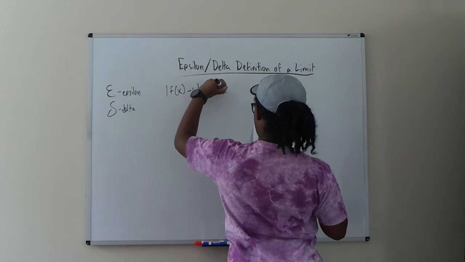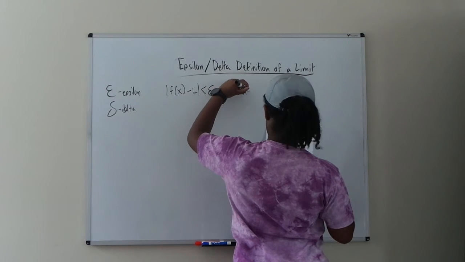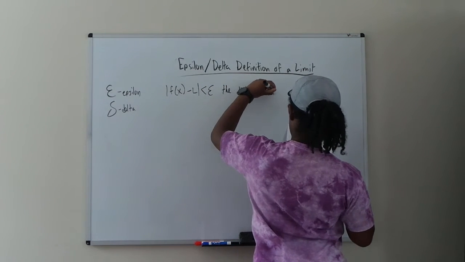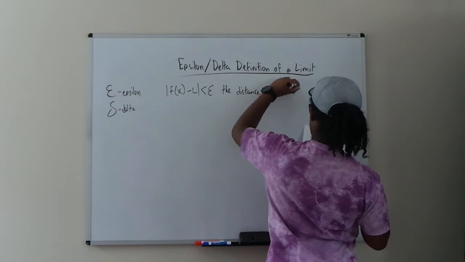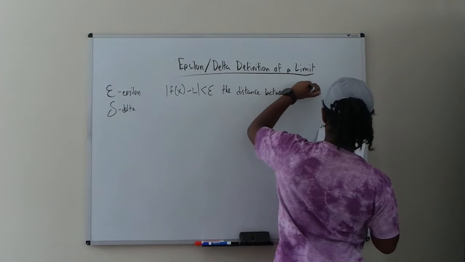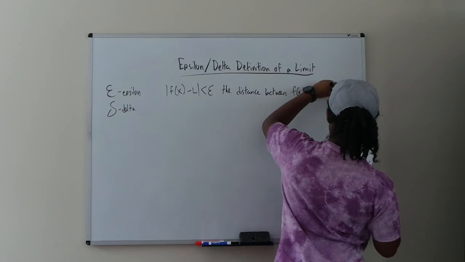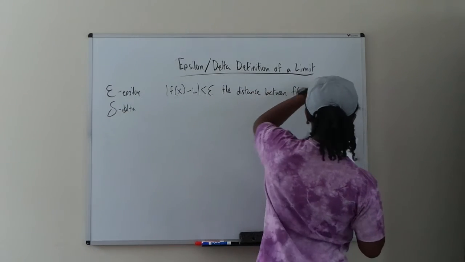The distance between f of x and L is less than epsilon.